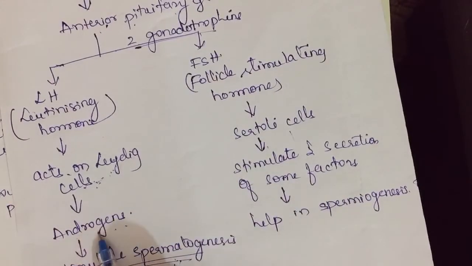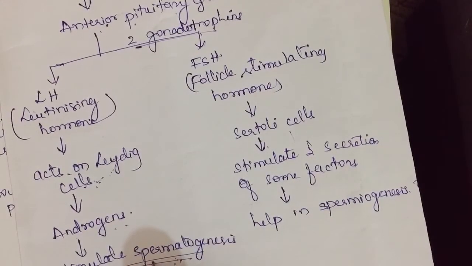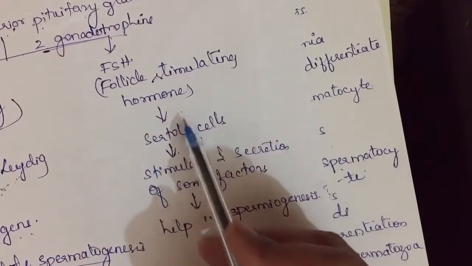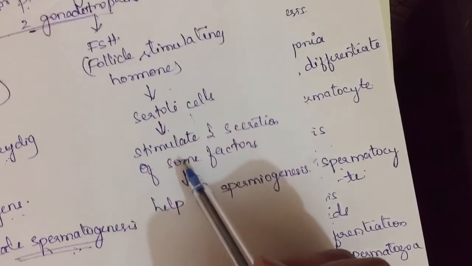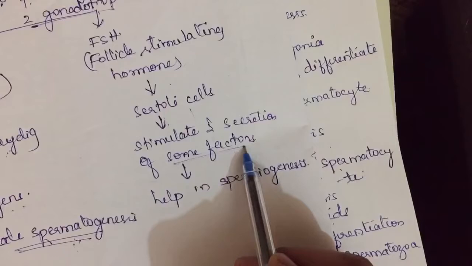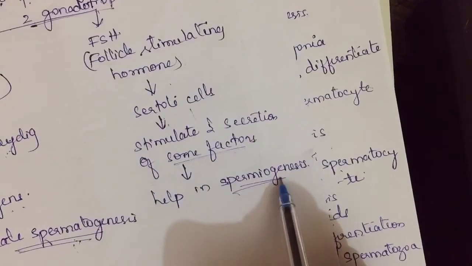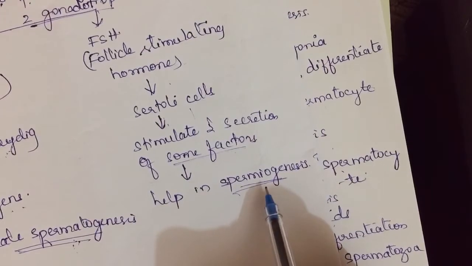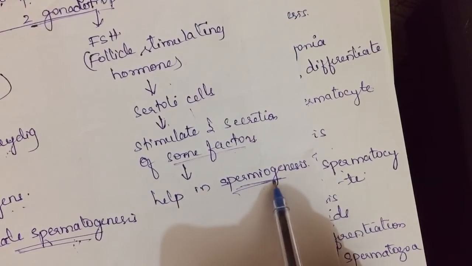These androgens help in spermatogenesis, right? FSH, follicle stimulating hormone, will act on Sertoli cells and help in the secretion of some factors, those factors which help in spermiogenesis. What we said, spermiogenesis is the process of conversion of spermatid into sperms.